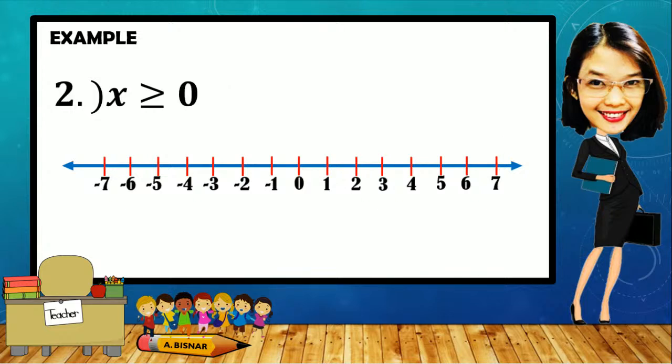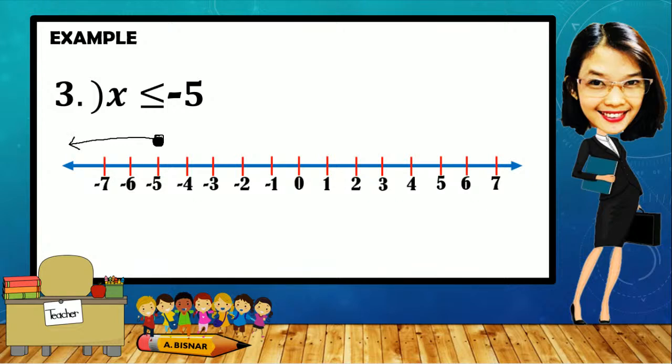Next, x is greater than or equal to 0. So, 0 is part. So, we will use circle with shade. And then, kapag greater than, palaging papunta sa kanan. Another, x is less than or equal to negative 5. So, dahil less than, palaging papunta sa kaliwa. At huwag kalilimutan ang arrow.